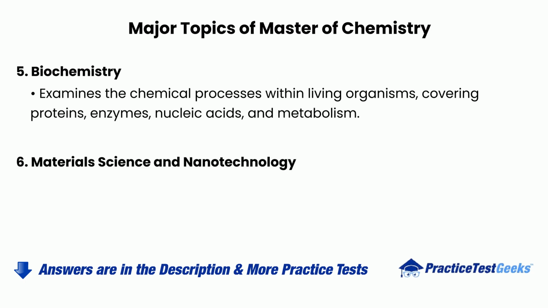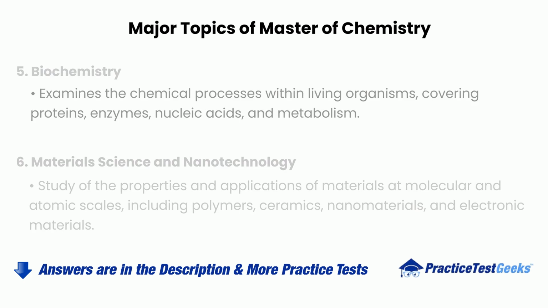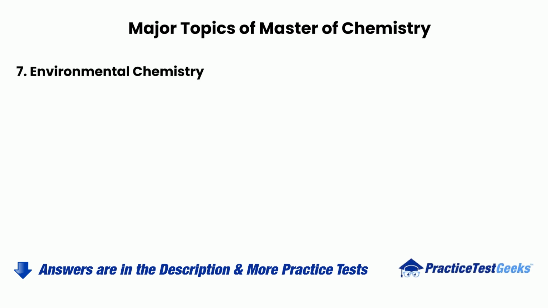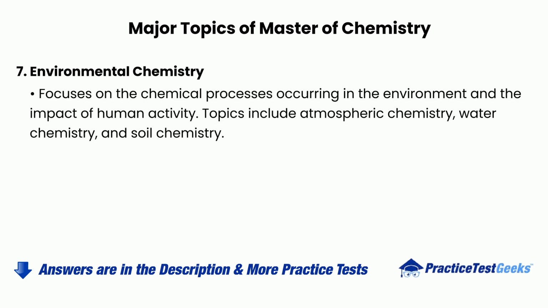6. Materials science and nanotechnology. Study of the properties and applications of materials at molecular and atomic scales, including polymers, ceramics, nanomaterials, and electronic materials. 7. Environmental chemistry. Focuses on the chemical processes occurring in the environment and the impact of human activity.